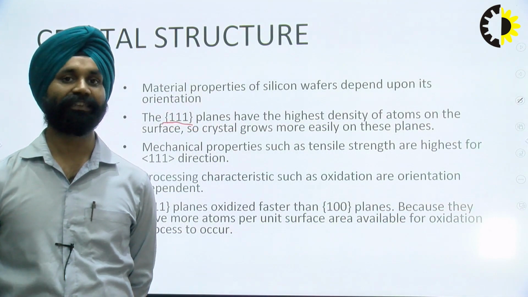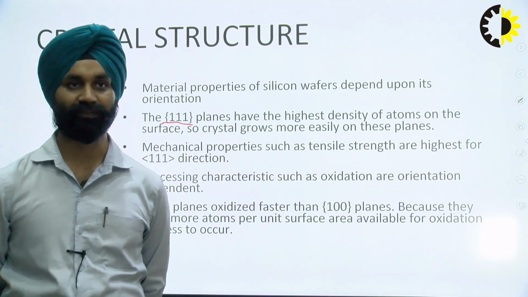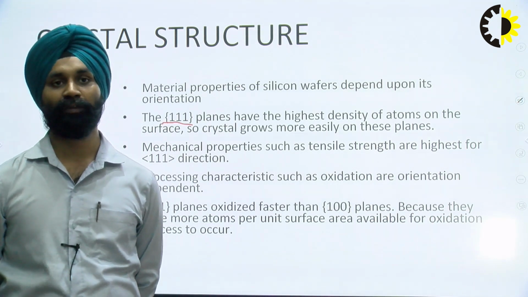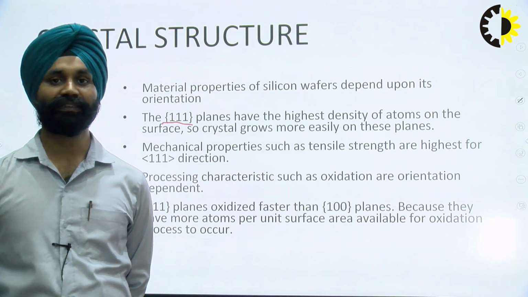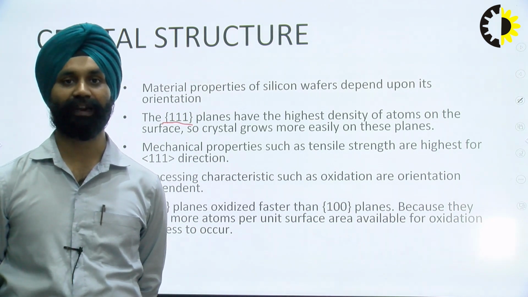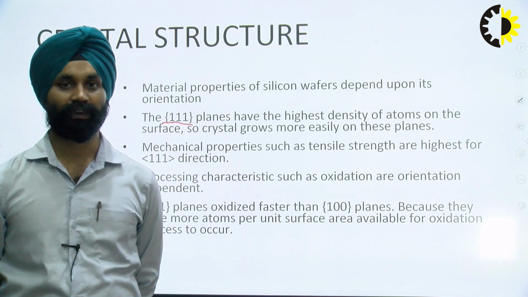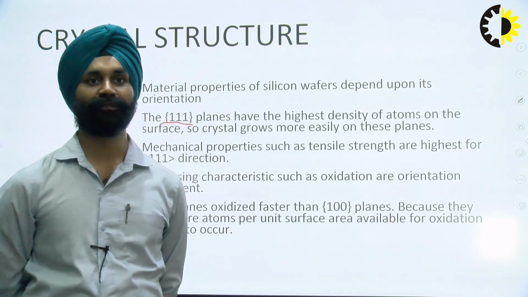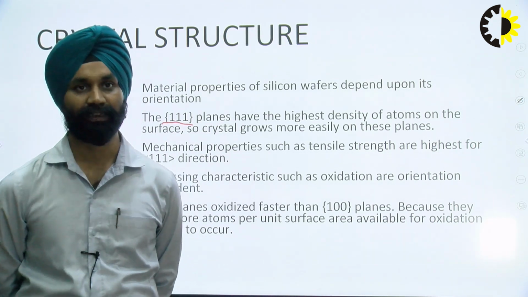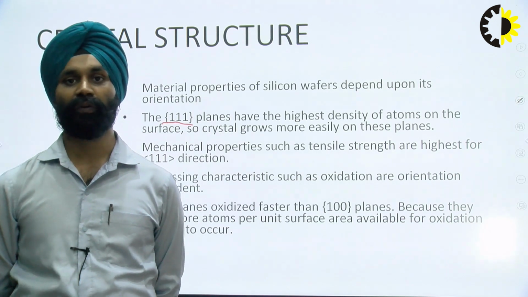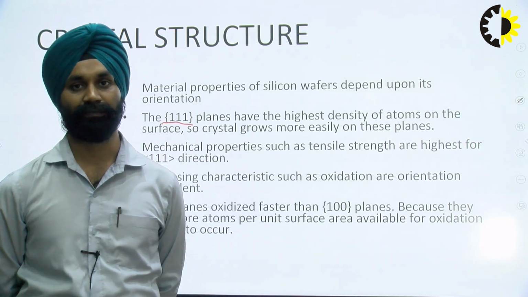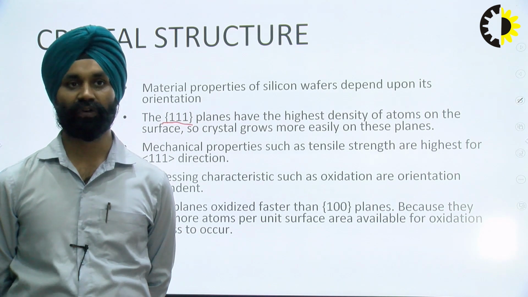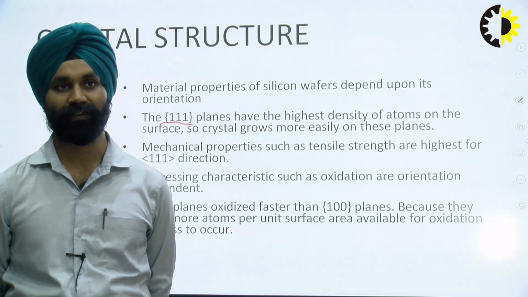The density of atoms at the surface of the lattice will be more. When there are more atoms on the surface, the lattice will be attracting each other and it will be easy to grow one plane over the other plane. That means the growth will be higher.